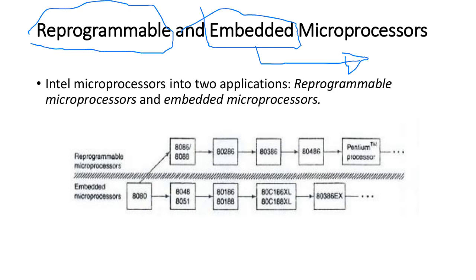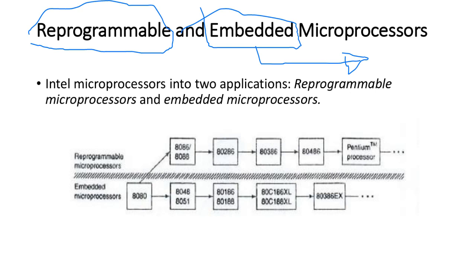The program you build in works on it, and it works based on that program. An example is the microprocessor used in a microcontroller. Reprogrammable means you can reprogram it whenever you want. Different types of programs you can install, like on a laptop or desktop.